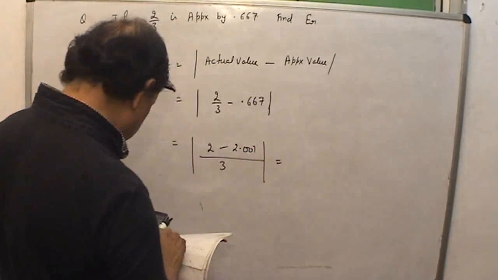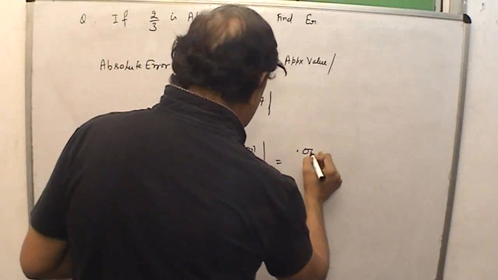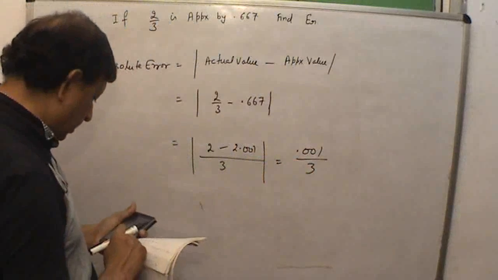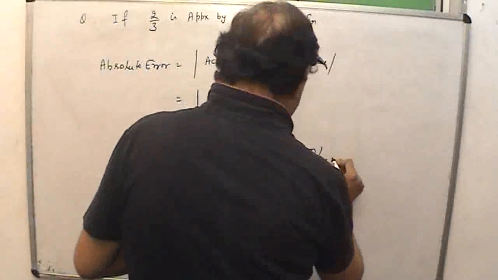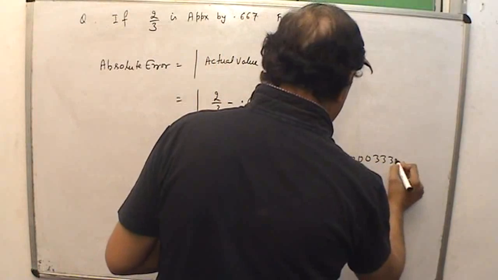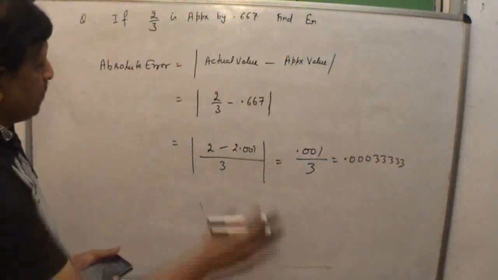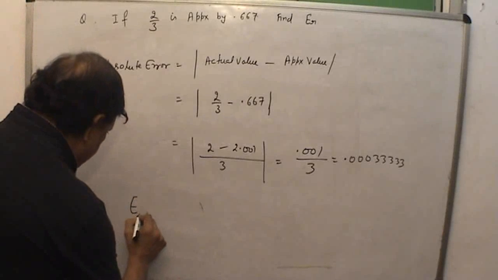That is equal to 0.001 divided by 3. It's always positive. If divided by 3, that comes to 0.00333333. It's again non-terminating.